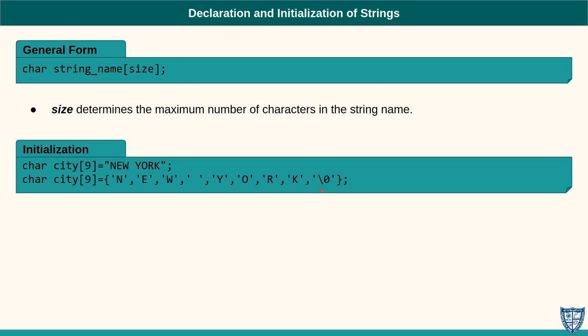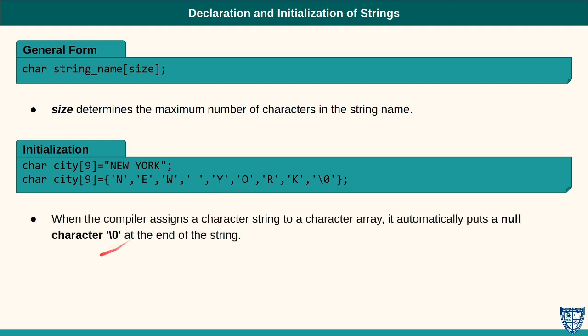So one more thing, one more time I'm saying that the null character is a character using which C terminates a string. That's what is mentioned here. When the compiler assigns a character string to a character array, it automatically puts a null character \0 at the end of the string.